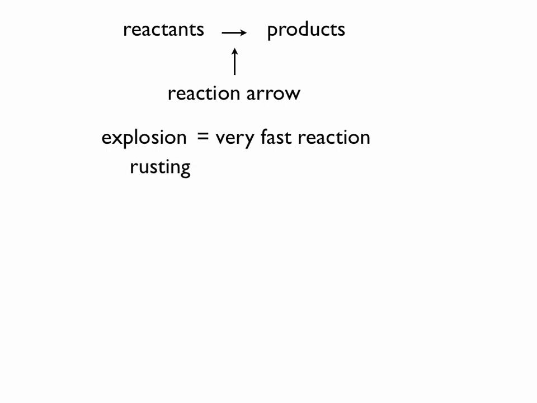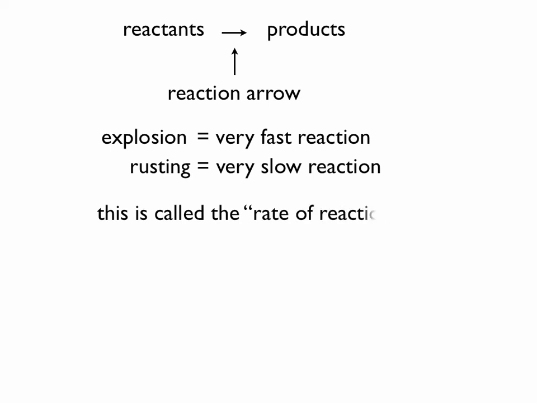On the opposite end of things, we've got rusting. Rusting is a very slow reaction. This is called the rate of reaction. Chemical reactions can go very fast, they can move very slow, and they can be all things in between.